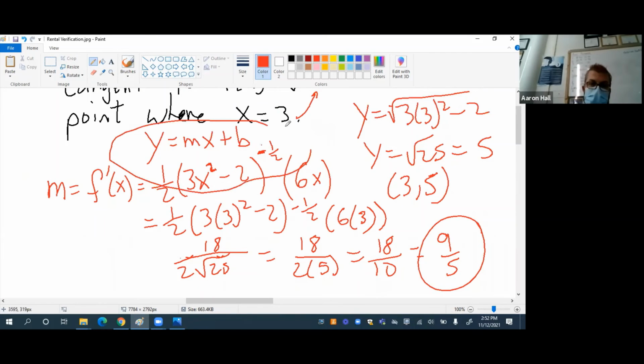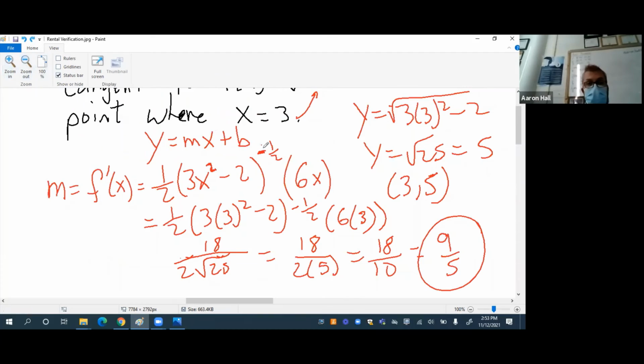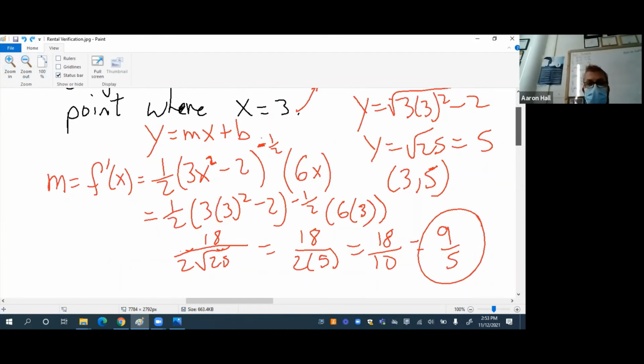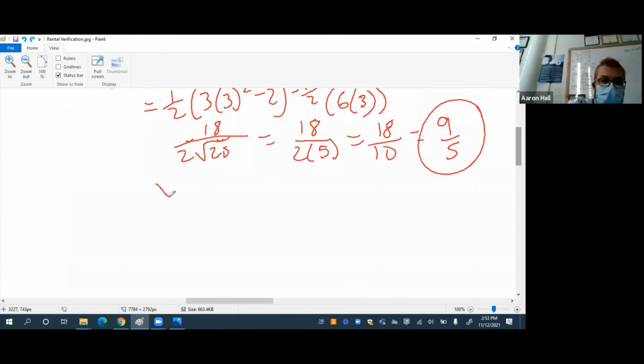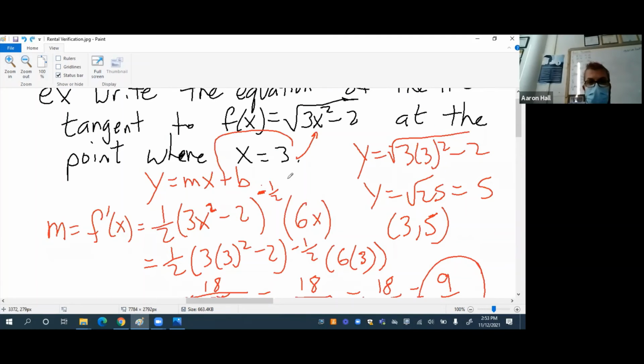So we're going to use our y equals mx plus b because a tangent line is linear. Let's write down what we do know. So we have y equals mx plus b. Our m is 9/5. Our x is 3.